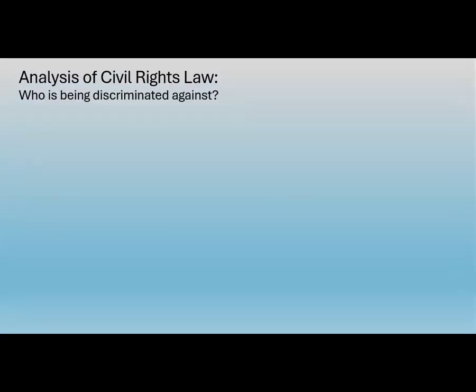Next, we look at who is being discriminated against. That's our second question. Civil rights law requires us to examine classifications. Remember the premise. Governments can treat groups of people differently, and many laws do. So civil rights protection depends upon which group is being discriminated against.